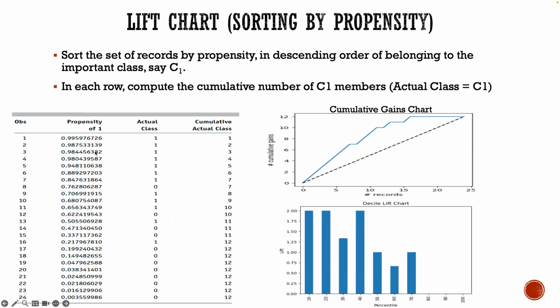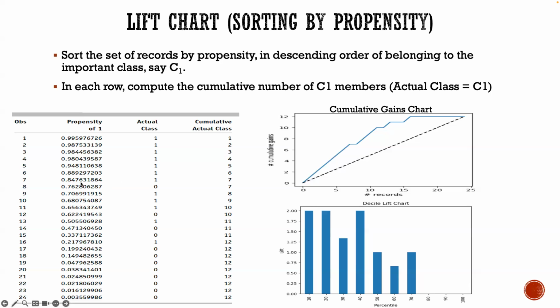So the way it works is, suppose we have the propensity of one, which is the probability of something being class one, and the actual class happens to be this value in this column. Some of them are one and some of them are zero. Notice that for the first 7 of them, the actual class is 1, and we have very high probability of them being of the same class.